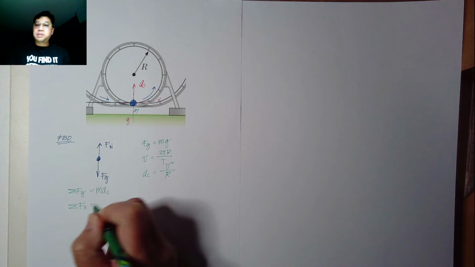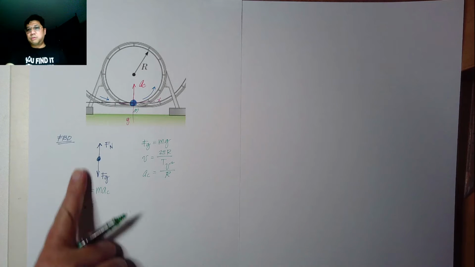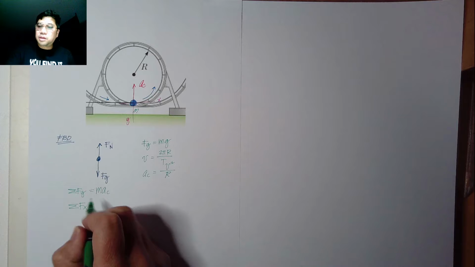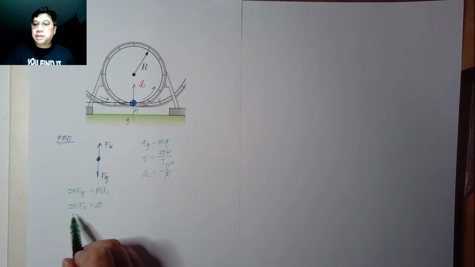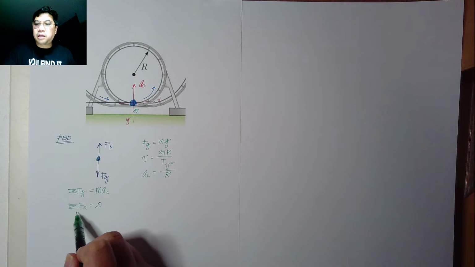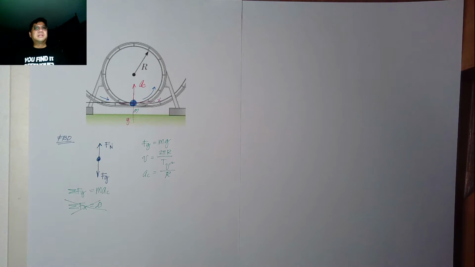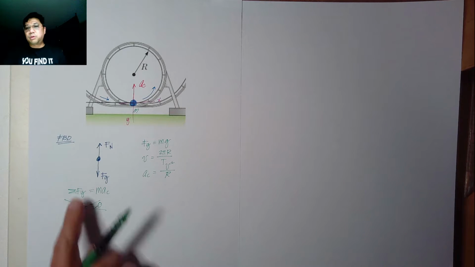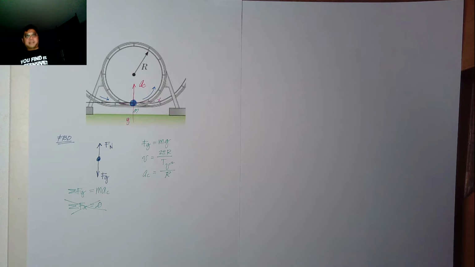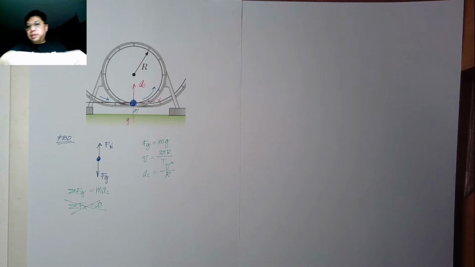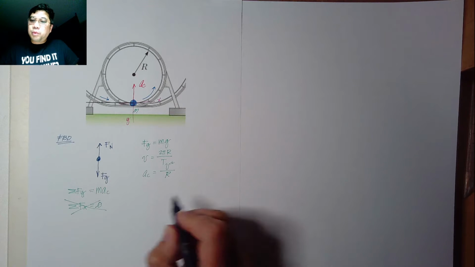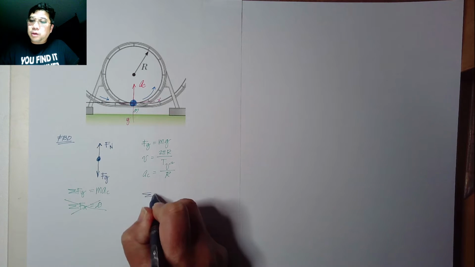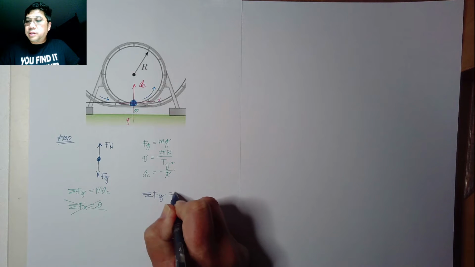The summation of forces along the x is 0 because there are no forces acting along the x-axis, so we can immediately remove them and focus on forces along the y-axis. Immediately applying Newton's law of motion, the summation of forces along y equals mass times acceleration.